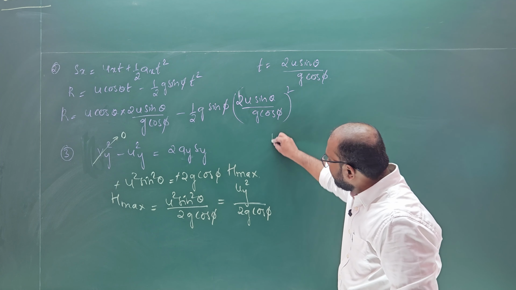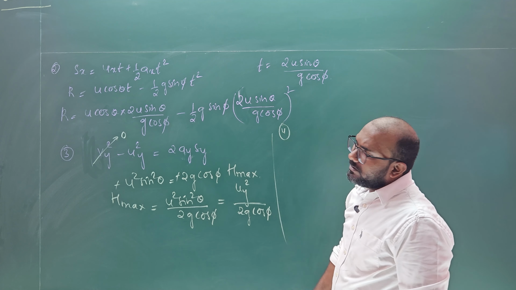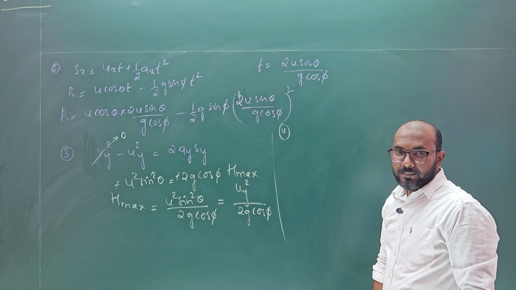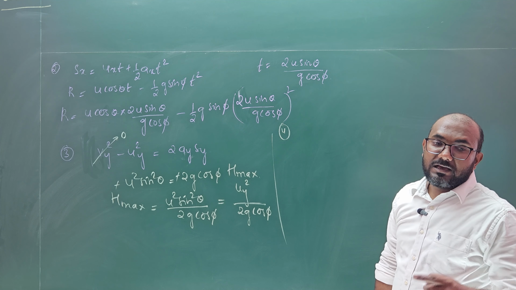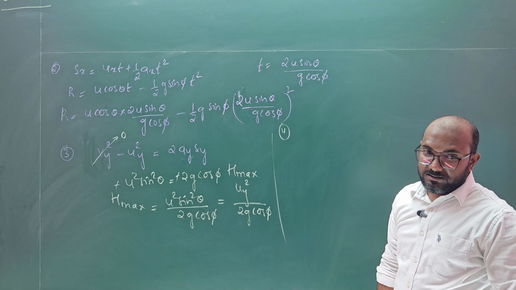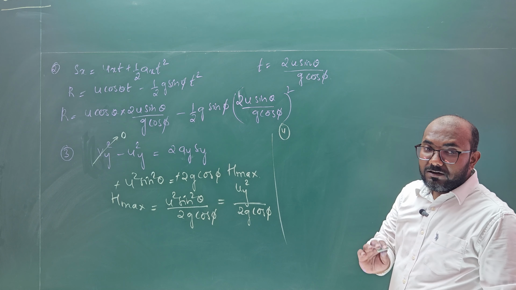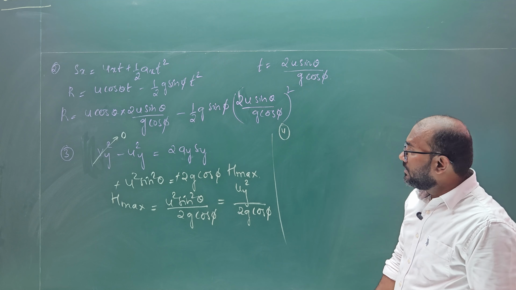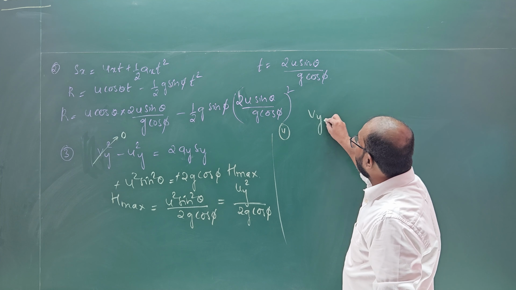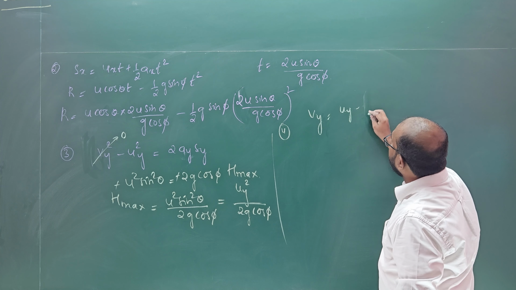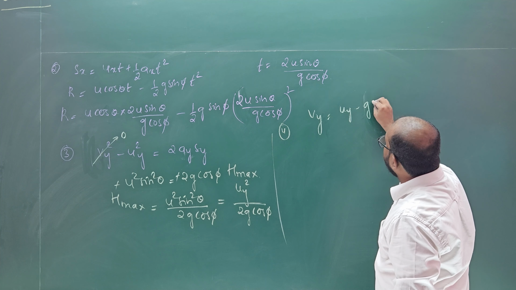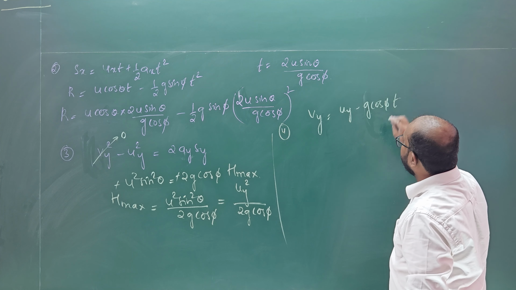Let us say the question asks to find the velocity at any time t. Here there will be acceleration along the x-axis as well as the y-axis. That means neither velocity component has a constant value. Then Vy can be written as uy minus g cos phi into t.